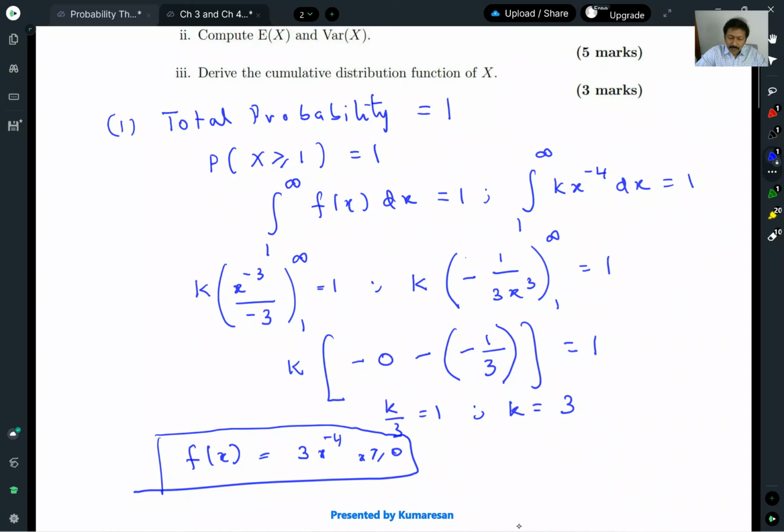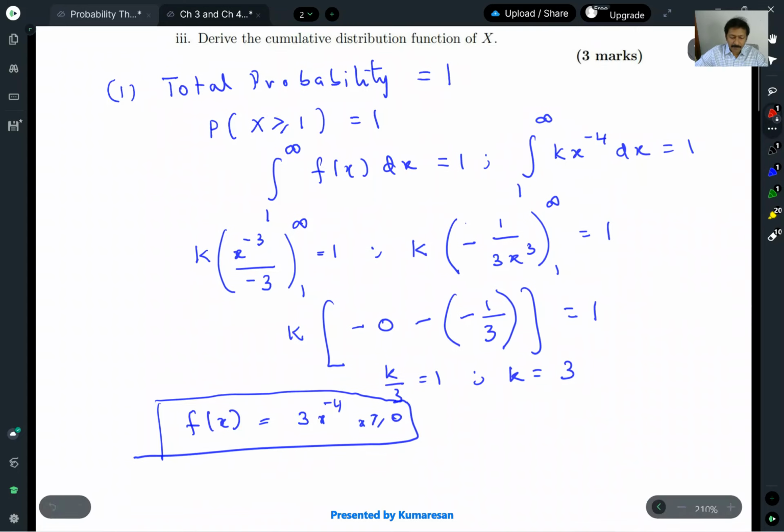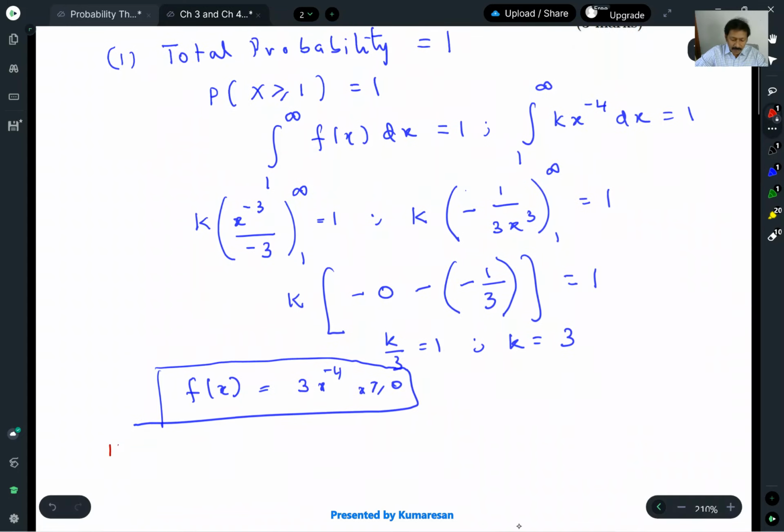Now the second question is to find the mean, the expected value of x, and the variance, Var of x. The formula to find the expected value of x, for a random variable which is continuous, is the integral over the whole range.